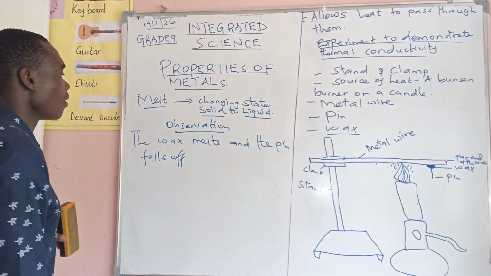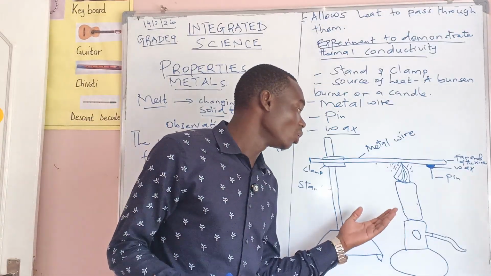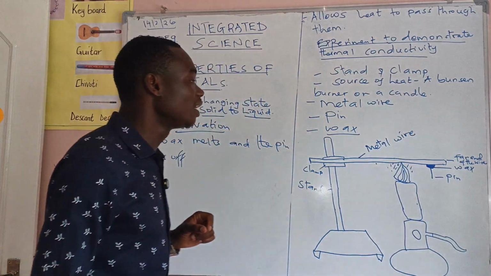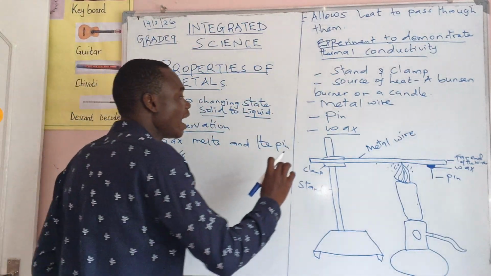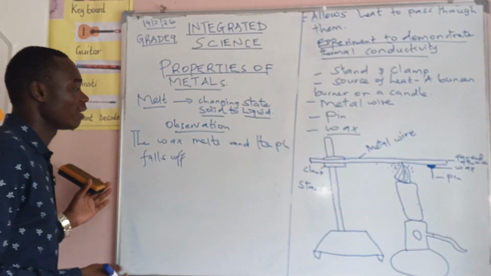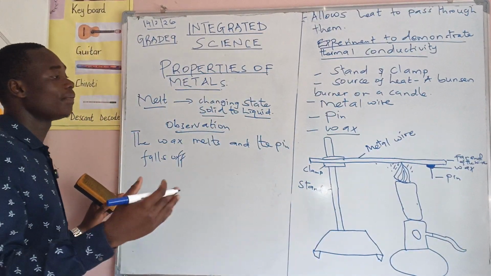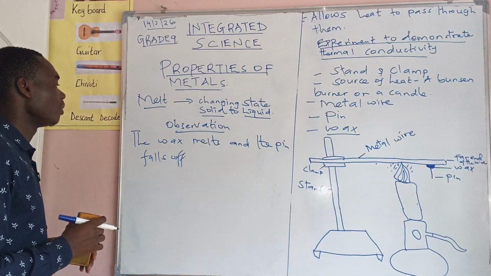That is our observation. That is what we are going to see. Immediately you allow the source of heat to provide heat, the wire, after some time, will conduct heat. And what will happen? The wax will melt and the pin will fall off.